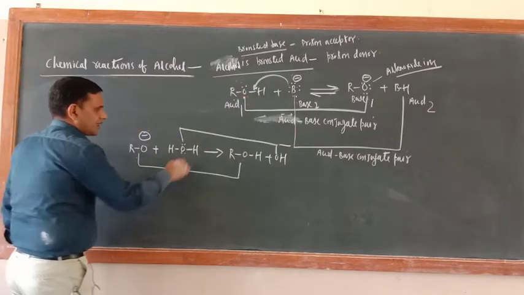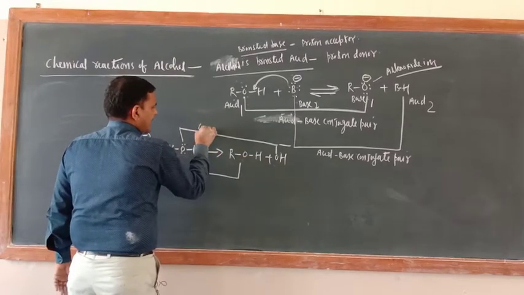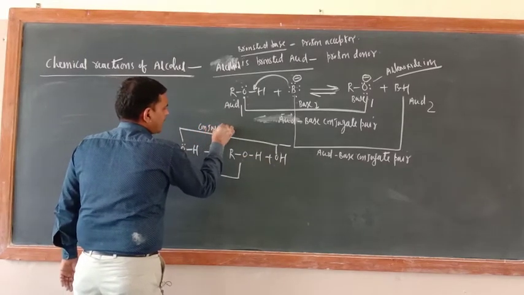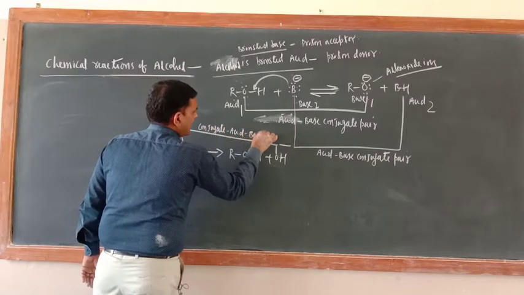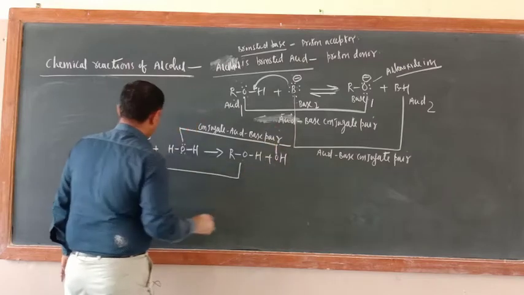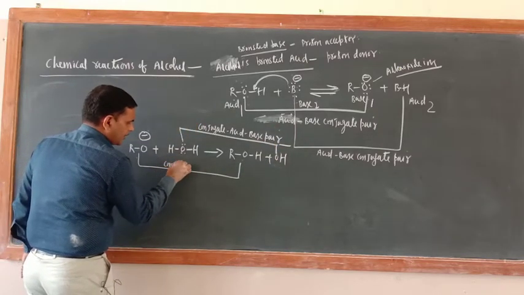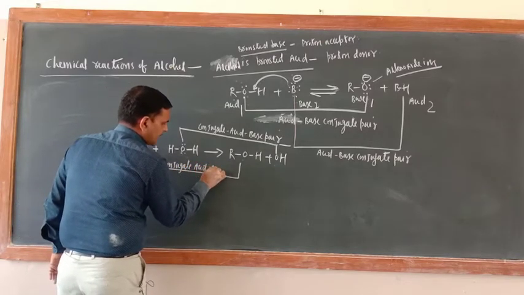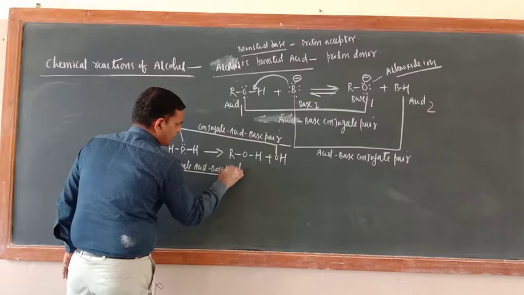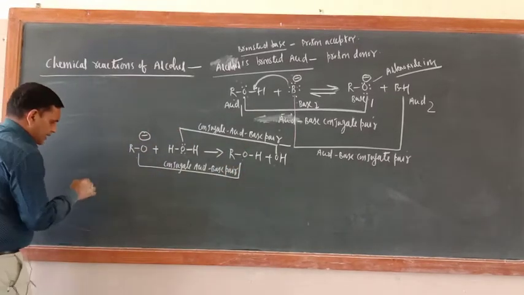Now just see, water and OH negative are also a conjugate acid-base pair. Similarly, this is also a conjugate acid-base pair. Now what is the inference of this reaction?